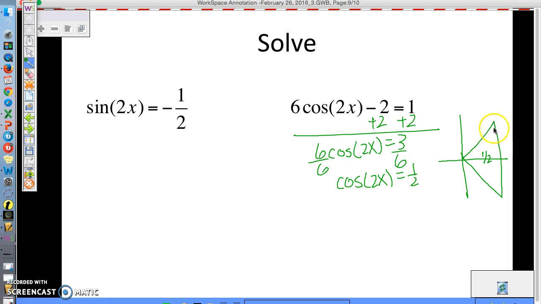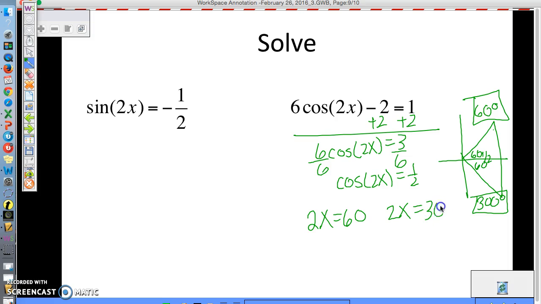So let's see, this would be 30, so we got 60. And we can leave it in degrees here, so we have 60 and 300. So our answer here, this angle measurement, 2x equals 60 and 2x equals 300. So x equals 30 and x equals 150.